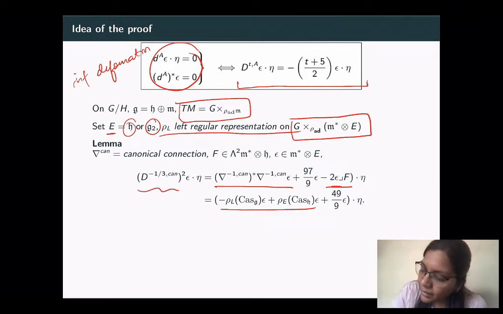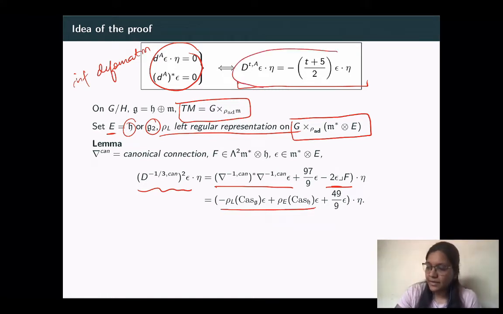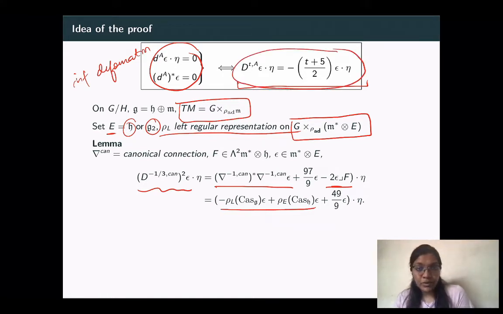And here we know that this will be an eigenvalue for the Dirac operator because of this identification that we have on the top. So for t equals -1/3, if epsilon is an infinitesimal deformation, then it will be an eigenvalue. So this will be some scalar multiple of epsilon dot eta when we subtract it from 97/9, which we have on the right hand side, and this comes from the Schrödinger-Lichnerowicz type formula that we discussed in lecture 2.